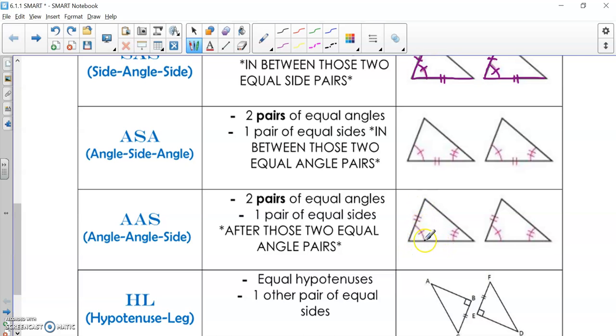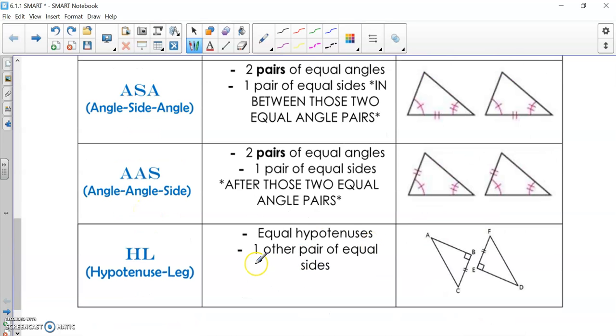The side is absolutely not in between the 2 angles, because that would be the difference between AAS and ASA. So you have to watch out for those orders. And when you're looking for it, you just got to rotate the triangle, right? You start somewhere and you just follow it around in either direction, and then the order in which things appear, that's what you would look for in your letters here for the conjecture.